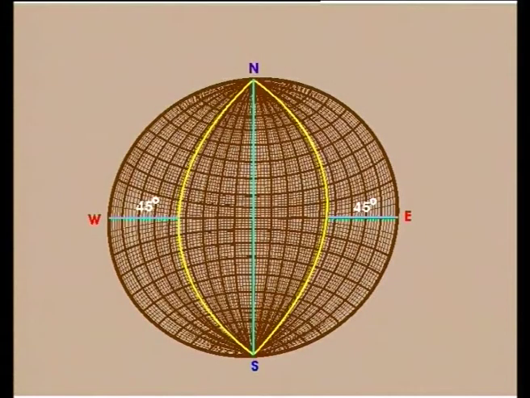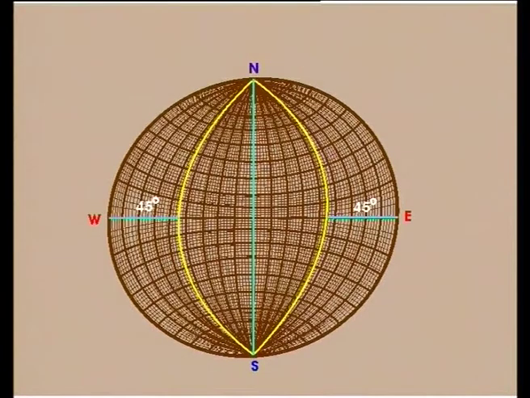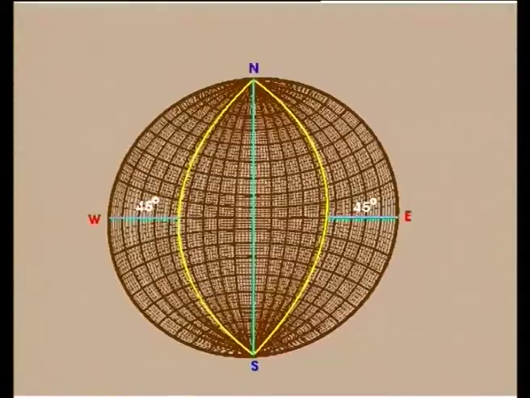If the orientation of two planar structures or the two limbs of a fold are known, to obtain the orientation of the hinge line, which is the line of intersection of the two limbs, we project the two limbs from their given orientation, strike, true dip amount and true dip direction, as great circles on the stereographic projection. Where these two great circles intersect, that point is the stereographic projection of the line of intersection or the hinge line.